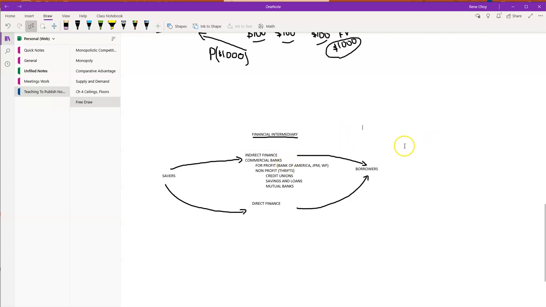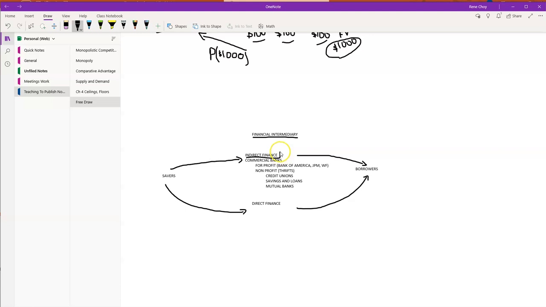All right, now the reason we call these indirect finance is because you're transferring the money indirectly from savers to borrowers. So you're not dealing with the borrower at any point in time, you're just dealing with the financial institution.